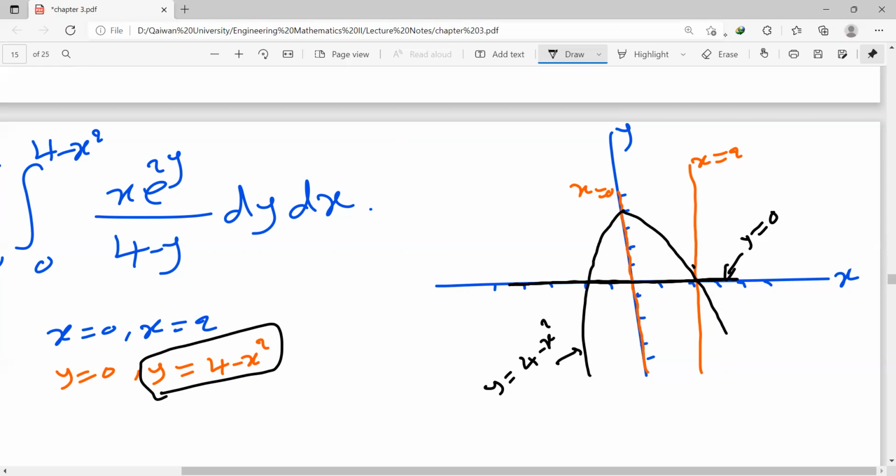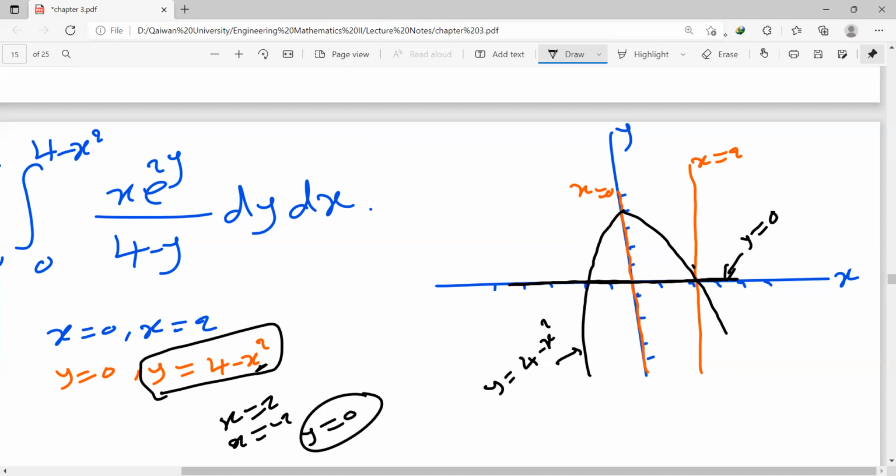Because here at 2, y is 0. As you see, at 2, y is 0. That means at 2 it intersects the x-axis, and even at -2 it intersects the x-axis. Because if x is 2 or -2, y equals 0. That's why it intersects the x-axis.